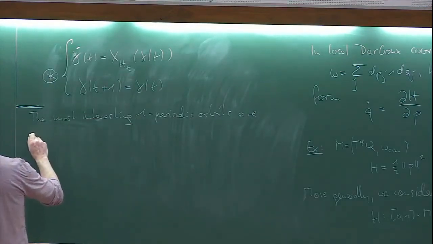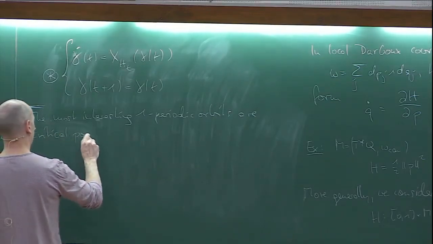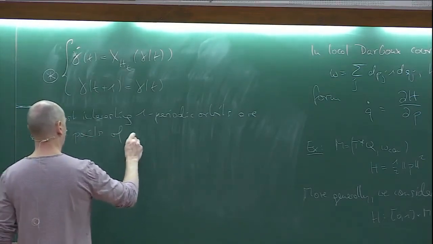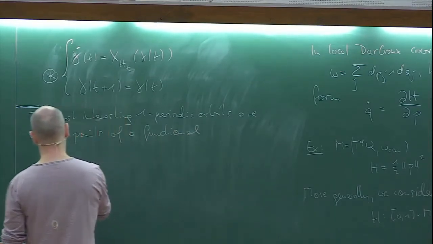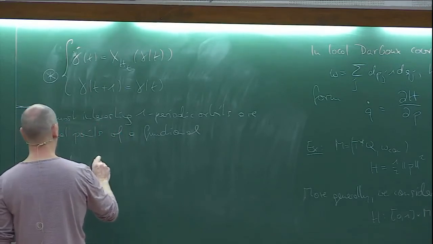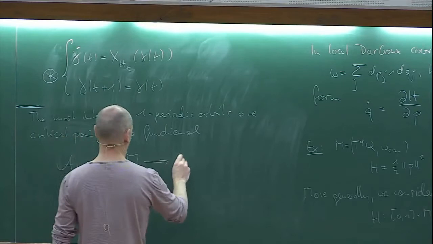The critical points of a functional A_H from the space of contractible loops.